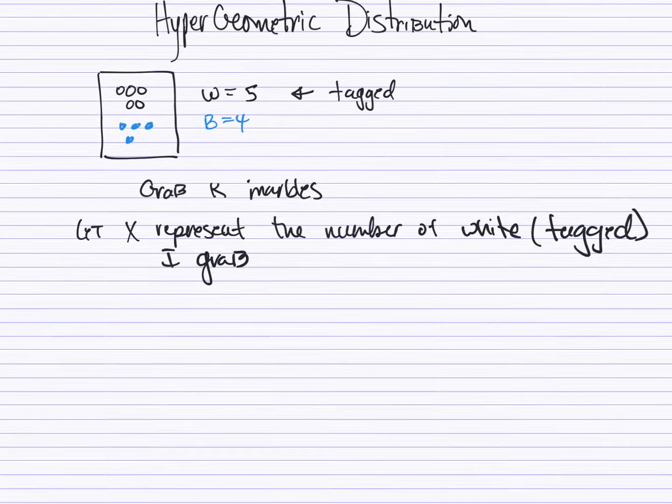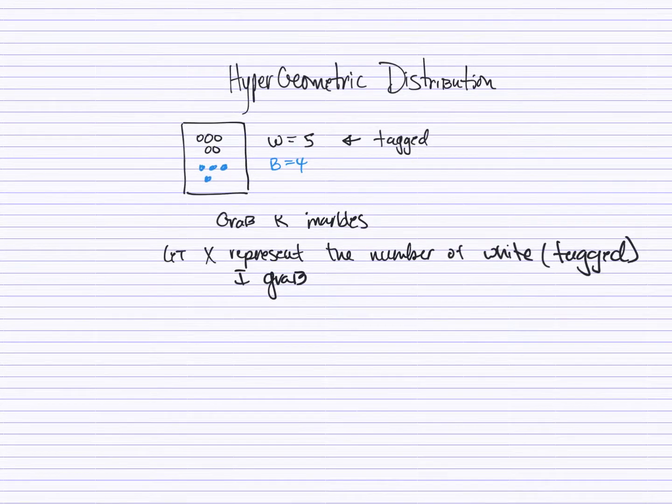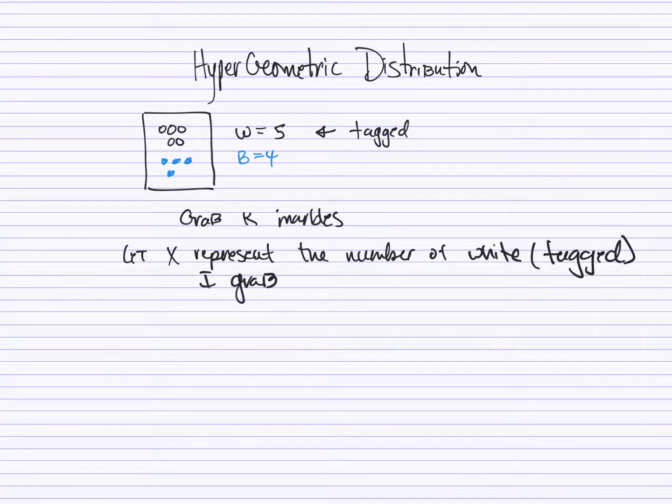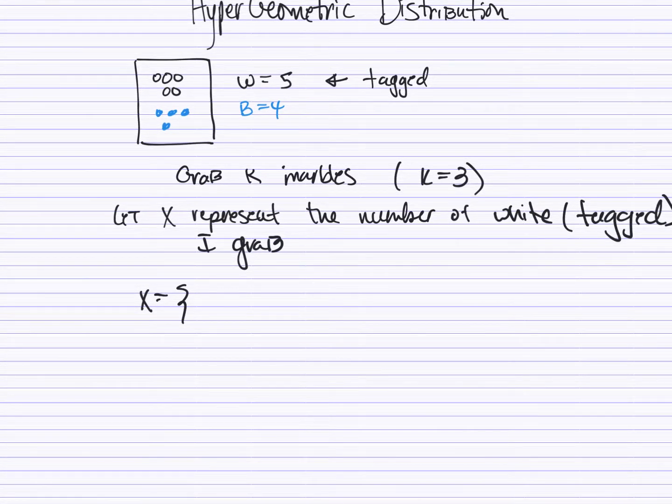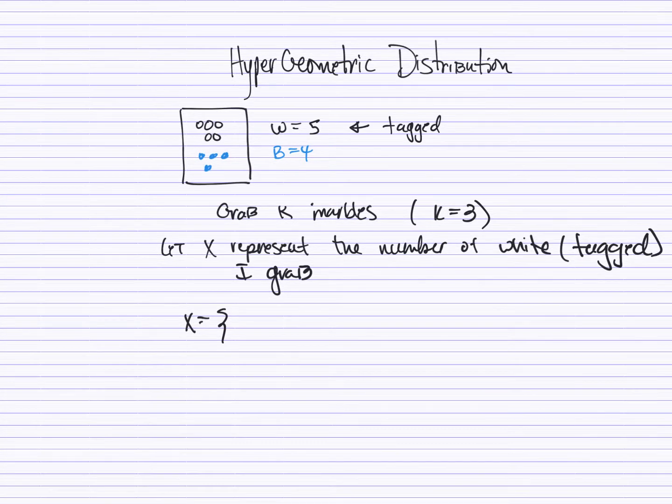Now, in this example, what can X represent? In general, it's going to depend on the number K that I grab. So let's say K here is going to be 3. If K is larger than the number of tagged, then that's going to determine the values that X can take on. But in this case, we have enough white balls to grab all of them being white.